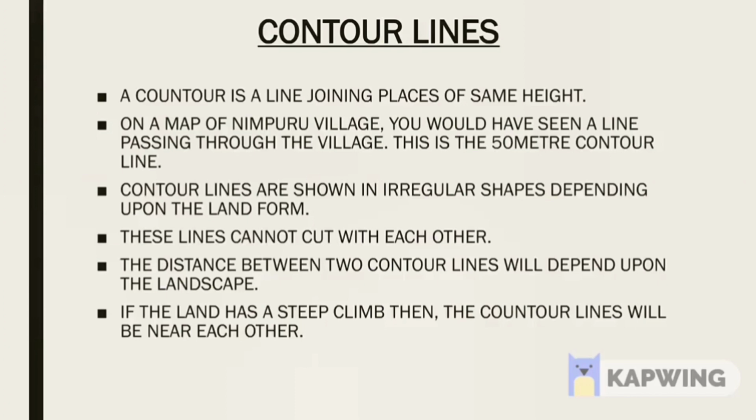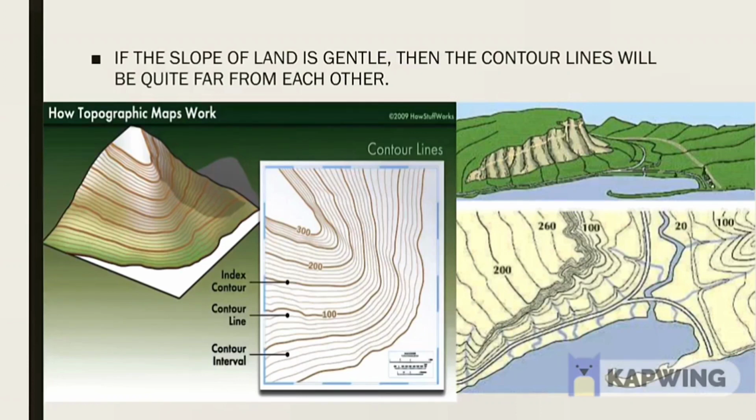The distance between two contour lines will depend upon the landscape. If the land has a steep climb, then the contour lines will be near each other. If the slope of the land is gentle, then the contour lines will be quite far from each other. Please observe the picture of contour lines.